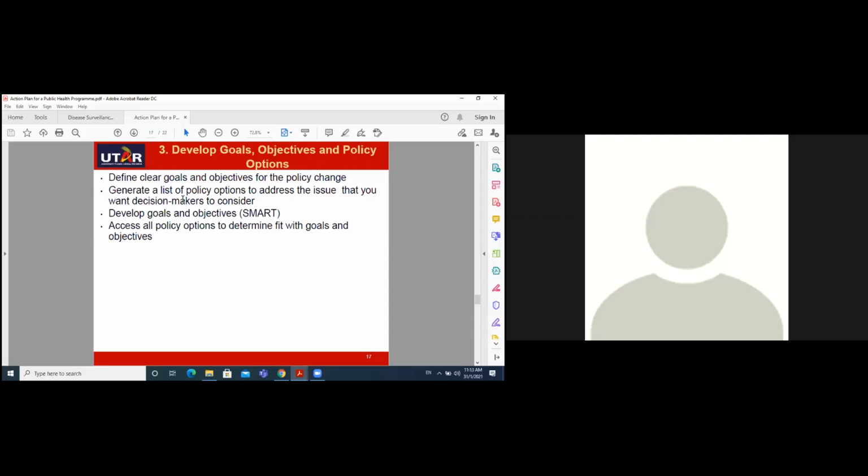We could define clear goals and objectives for the policy change, and list down the policy options that the decision makers from the Ministry of Health Malaysia, in collaboration with other agencies, private organizations, and non-government organizations, should consider. Is it that your policy needs to collaborate with other agencies or not? Assess all these policy options to find the best fit with your goals and objectives.